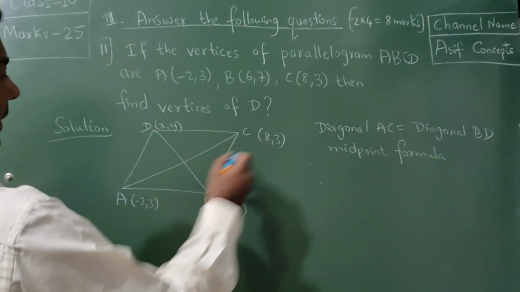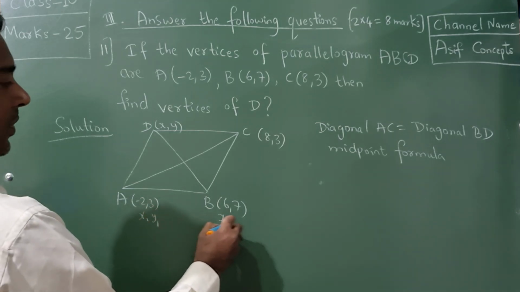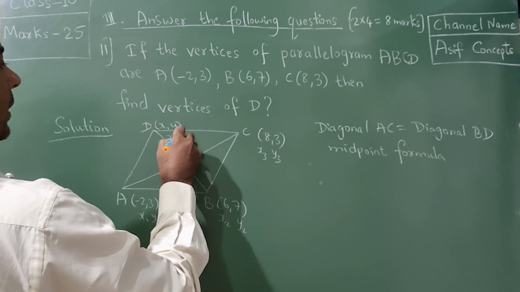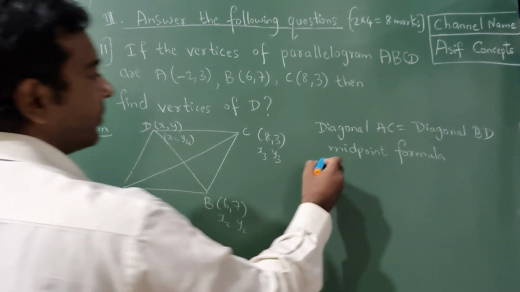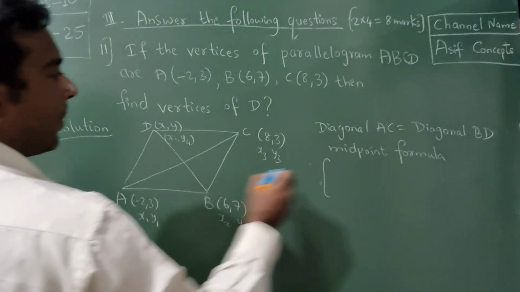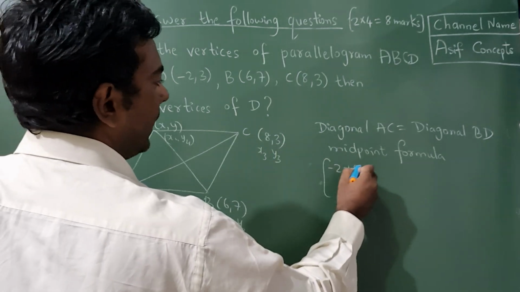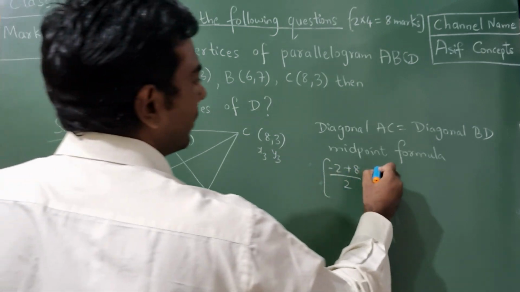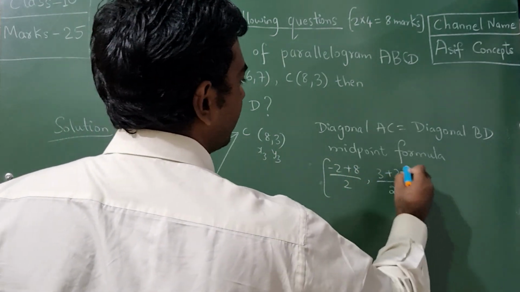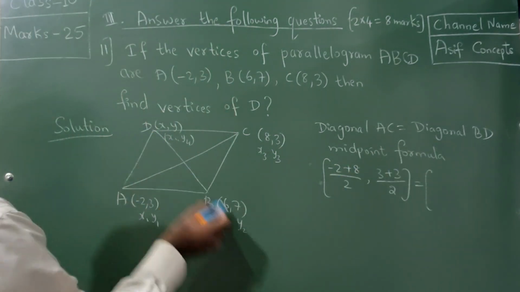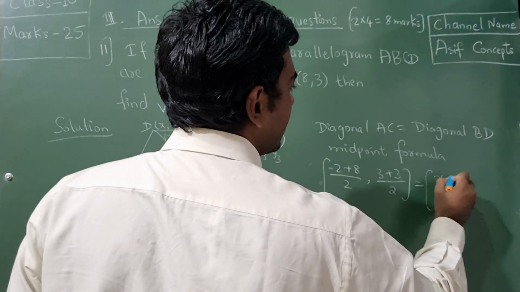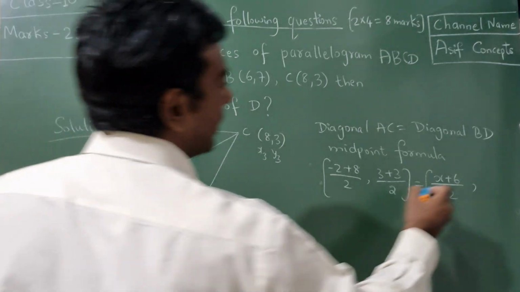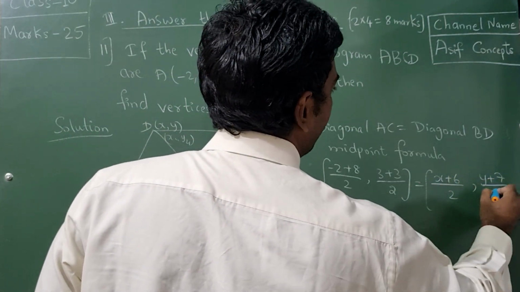Okay, so by using midpoint formula, I can write this as x1 y1, x2 y2, x3 y3, x4 y4. So AC, so minus 2 plus 8 divided by 2. Okay, now next is 3 plus 3 divided by 2. Now BD, so this will be x plus 6 divided by 2 and then next y plus 7 divided by 2.